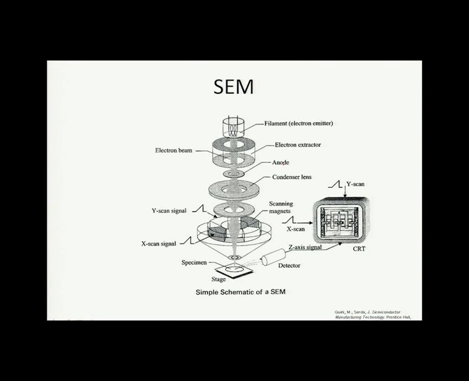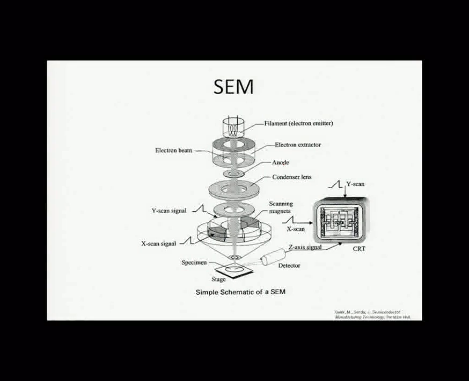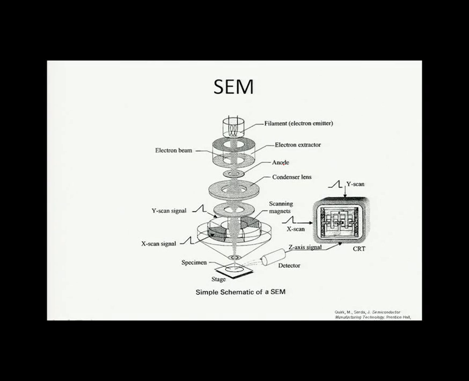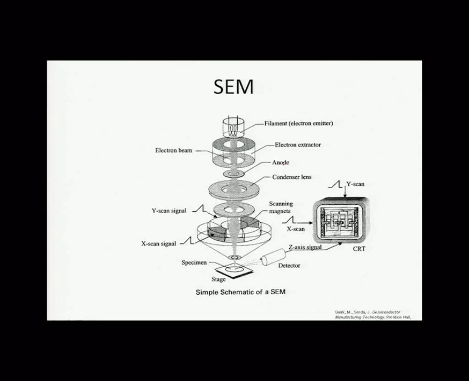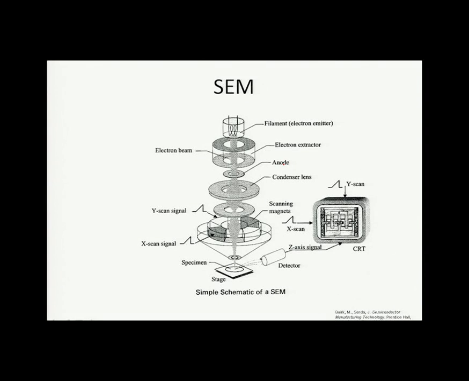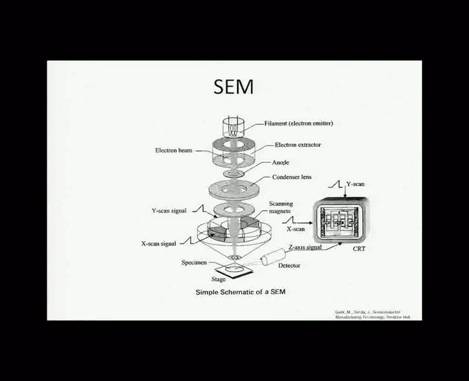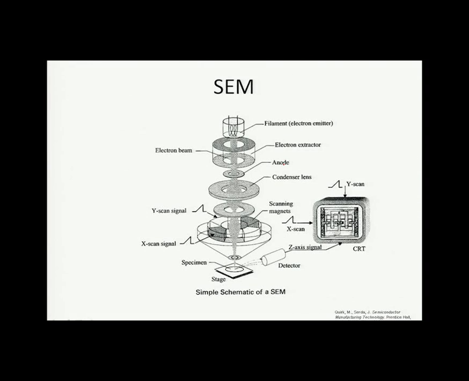This is actually used to, it sounds opposite of the name, it's called a condenser lens, but it actually magnifies the electron beam before it's reshaped, goes through the scanning coils, that would also be the objective lens, and then finally hits the specimen above the stage.